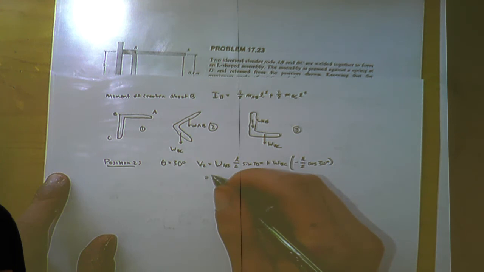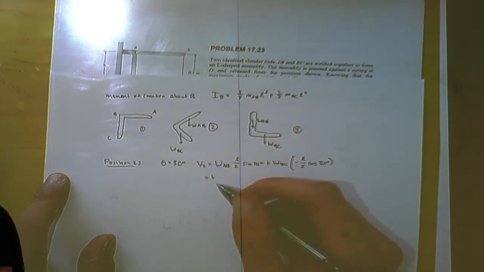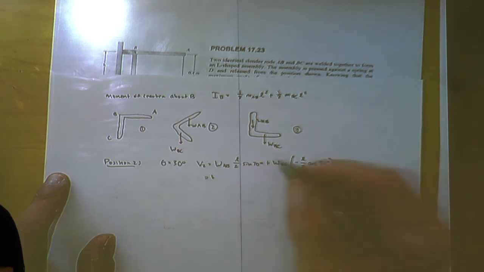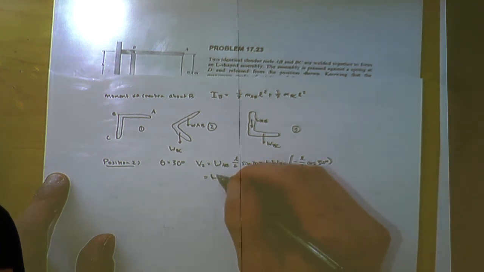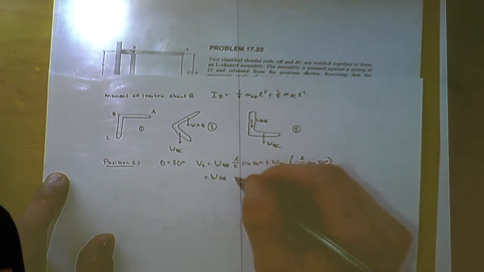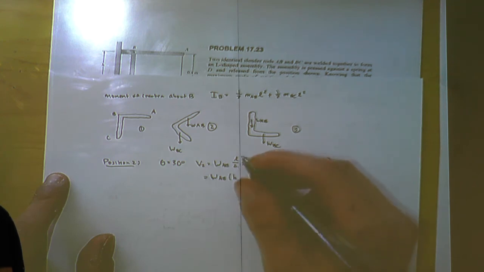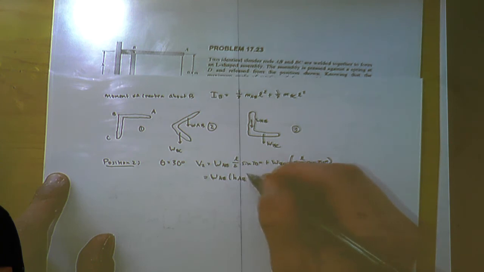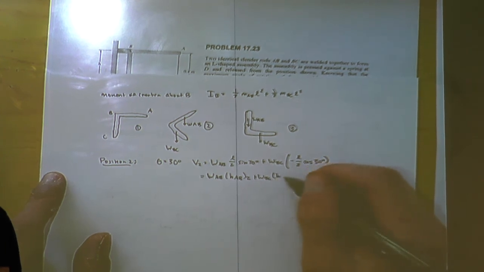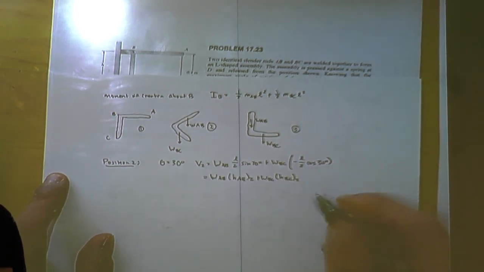That gives us WAB HAB over 2 plus WBC HBC over 2.